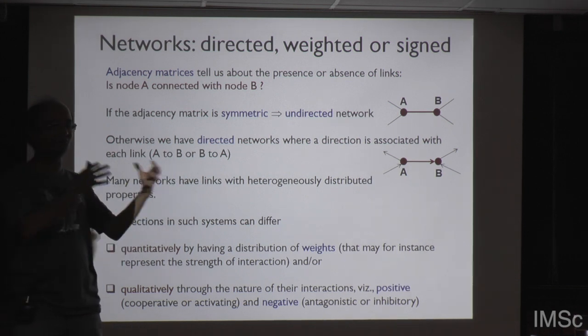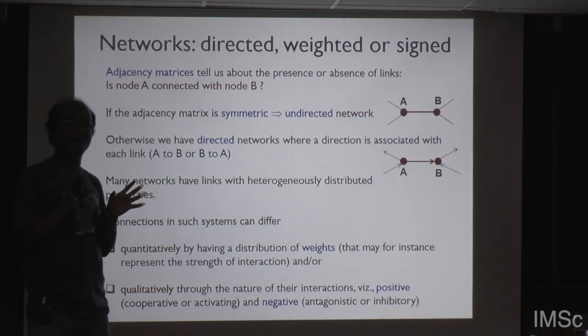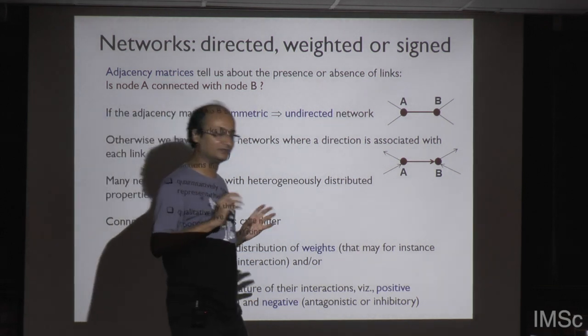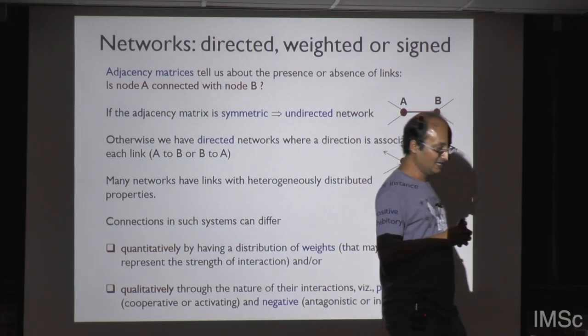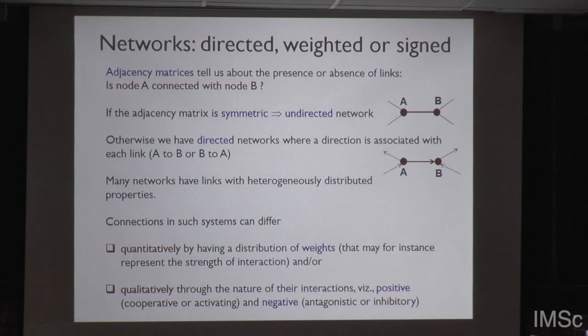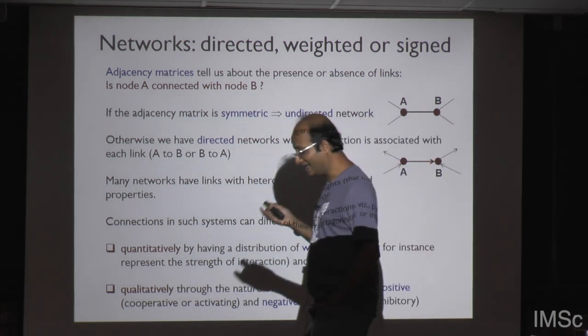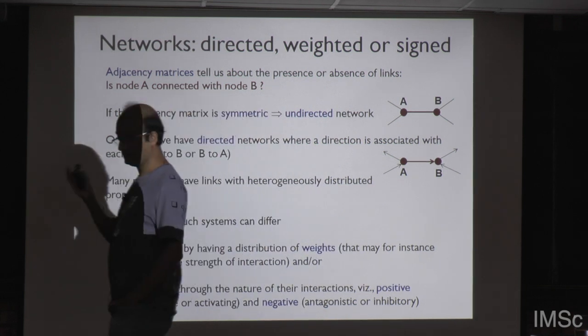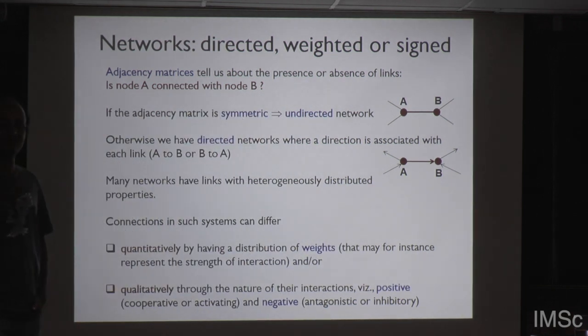So if I completely ignore antagonistic relations, I will not be able to say anything about why that particular kind of clustering happens. So for applications where I need to know the nature of the interactions, whether it's a positive kind of interaction or negative kind of interaction, those kinds of networks are represented by signed graphs, where for each link you associate a plus or a minus representing an affiliative or an antagonistic interaction.